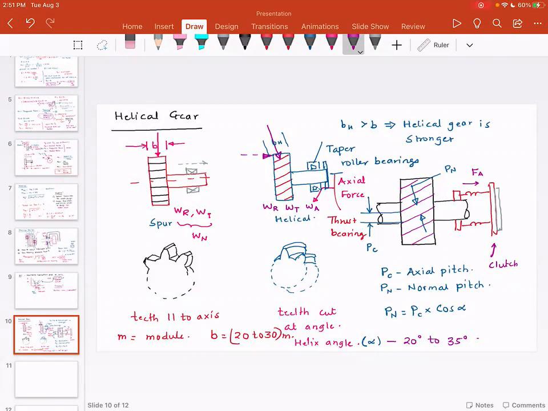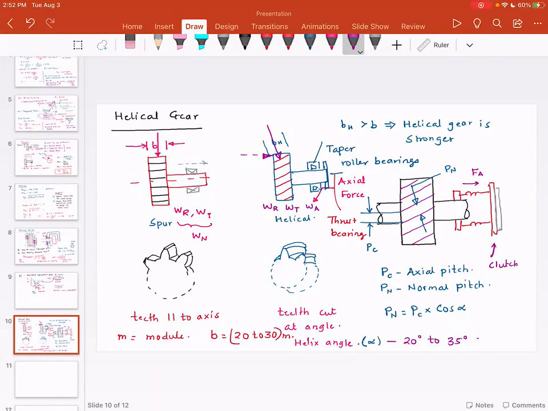That's why in most manual transmissions, the last gear, or the first gear depending upon how you see it, that is matching on the clutch side is typically a helical gear, because the thrust is going to maintain some force on the clutch, and that will be useful for the power transmission. So depending upon your application, you may want to use the helical gear.